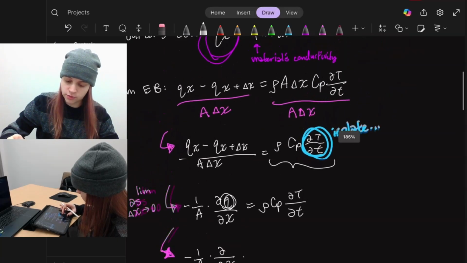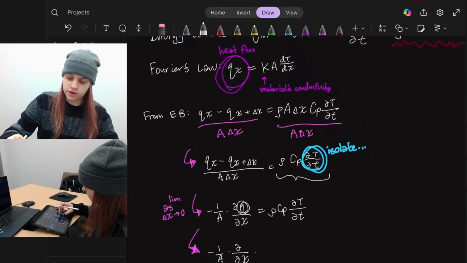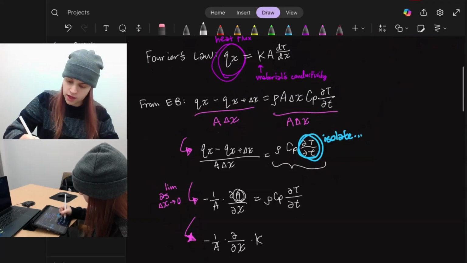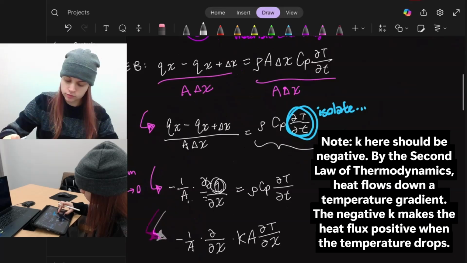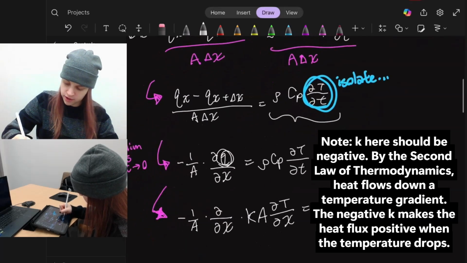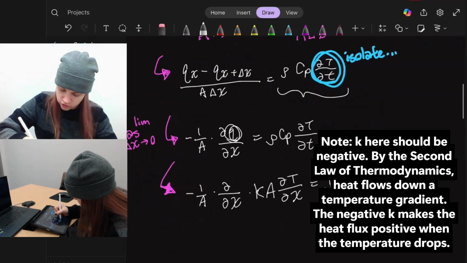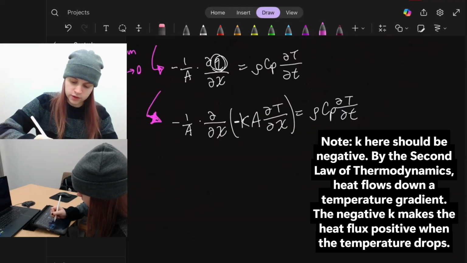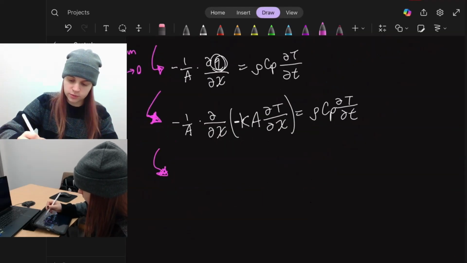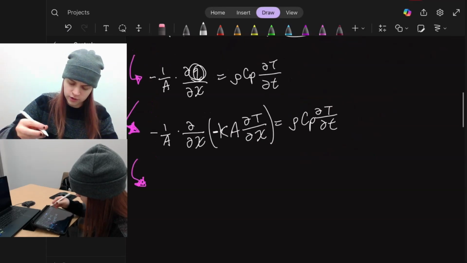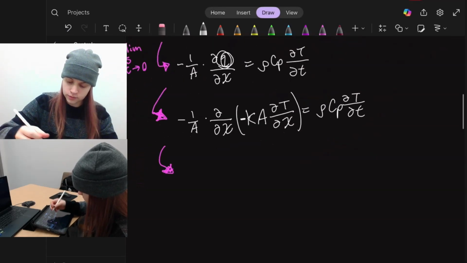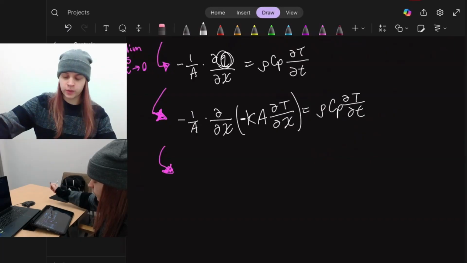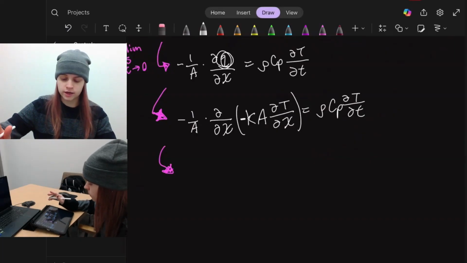And up here with Fourier's law, we said that the heat flux is equal to KA dT/dx. Then we have the same right-hand side of our equation. And sorry, this should be a negative right there. And we finally simplify it, I believe, one more time, or actually a couple more times. We have 1 over A, and we're multiplying by A, so the areas cancel out.